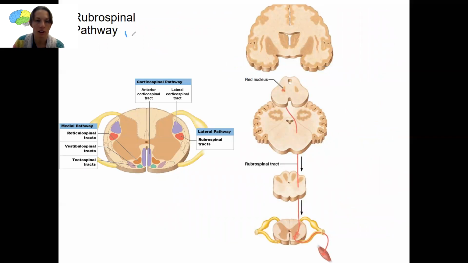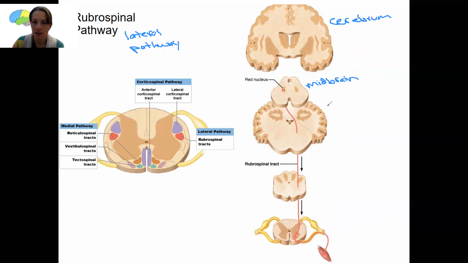This is, again, the lateral pathway. The upper motor neuron is in the red nucleus. So just some labels here. You've got the cerebrum. We've got our midbrain, where the red nucleus is located.